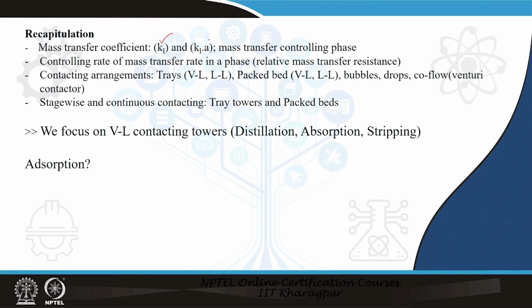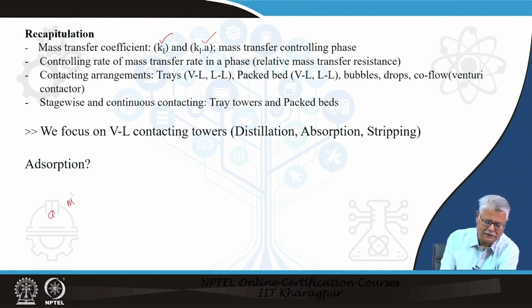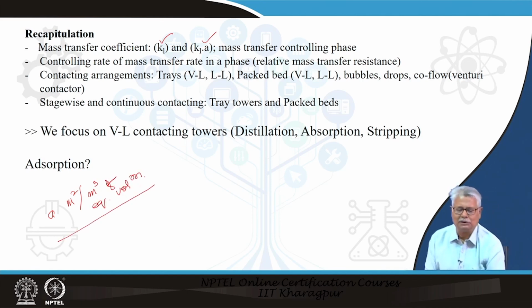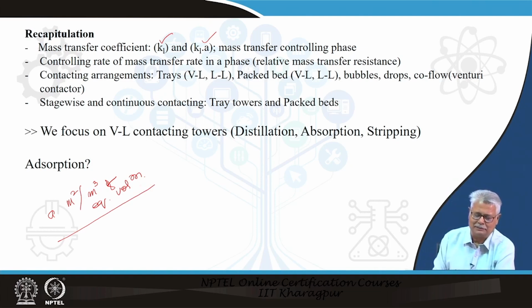We also had a term K_L times a, where a is a specific area, in meter square per meter cube of equipment volume, or phase volume, or whatever is the total volume of the system. The mass transfer depends on K_L, and we can improve it by improving a as well. That is what I wanted to emphasize at this particular point.